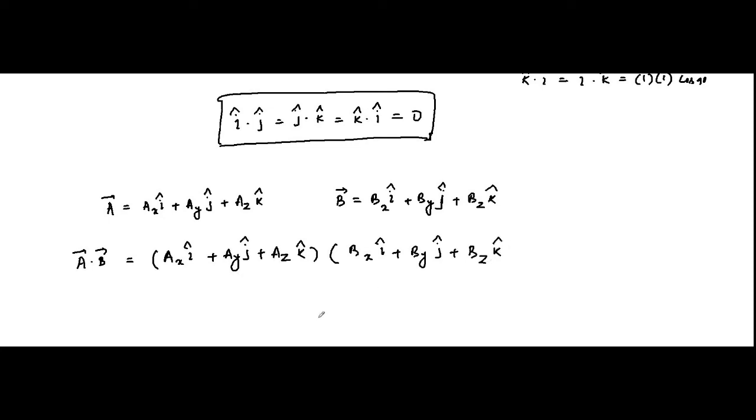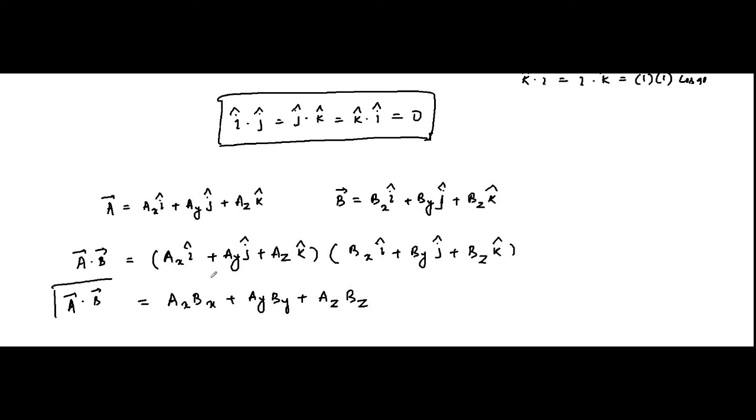Here it will simply be ax bx plus ay by plus az bz. Why? Because only ax and bx have i cap in common, ay and by have j cap in common, and az and bz have k cap in common. Only i into i, j into j, k into k will give us the result 1. All others will give us a 0 result. So this will be ax bx plus ay by plus az bz.